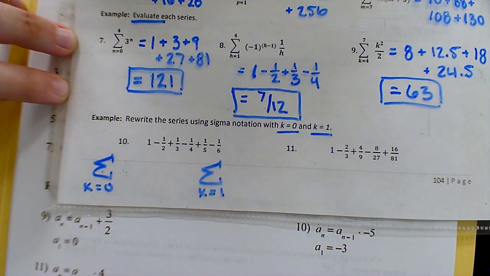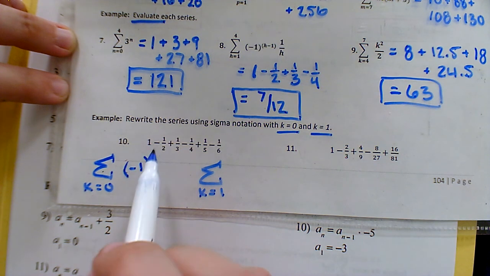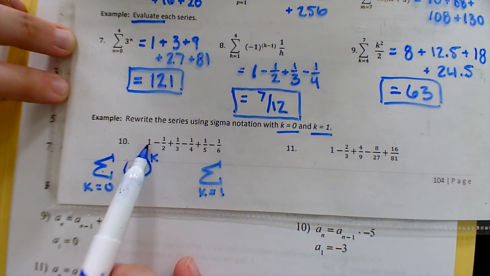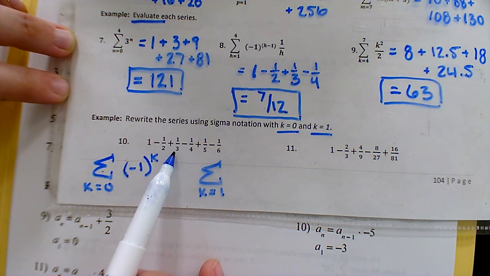Do you notice how we're bouncing between a positive and a negative each time? So what we're going to need is some type of -1 to a power, perhaps. If we plug in 0, we want to get 1. If we plug in 1, we want to get a half. If we plug in 2, we want to get 1/3.